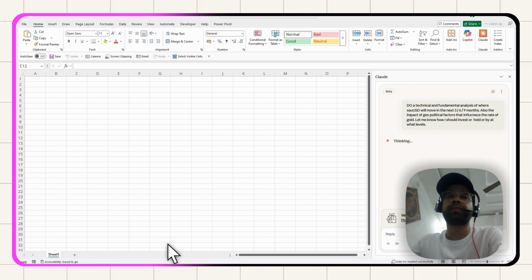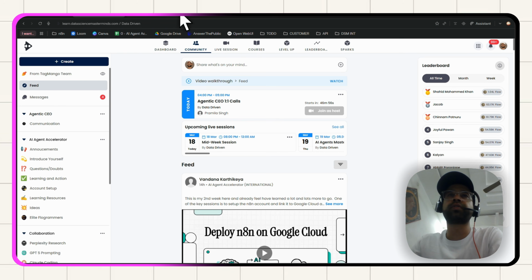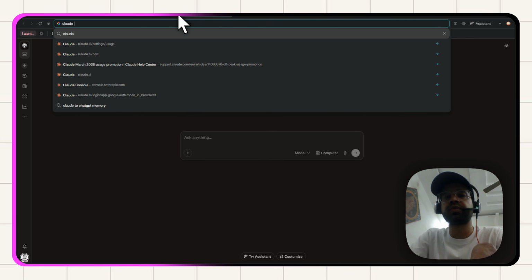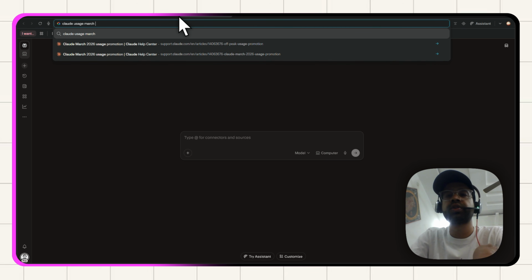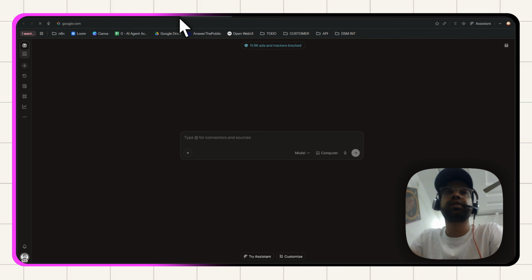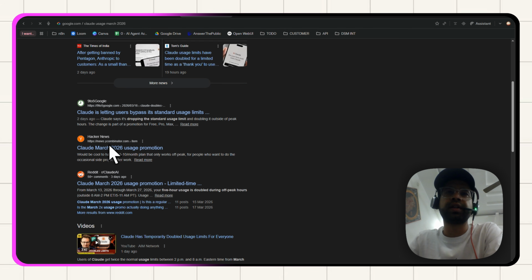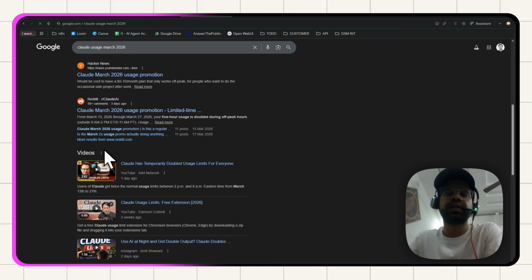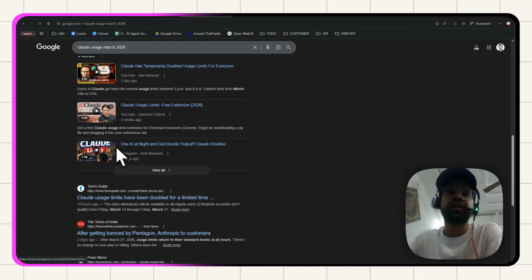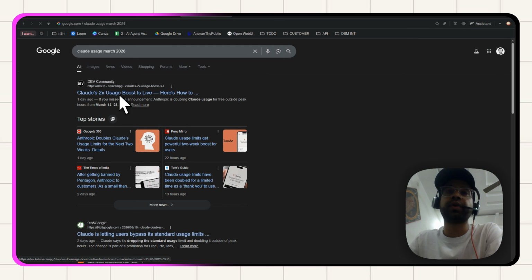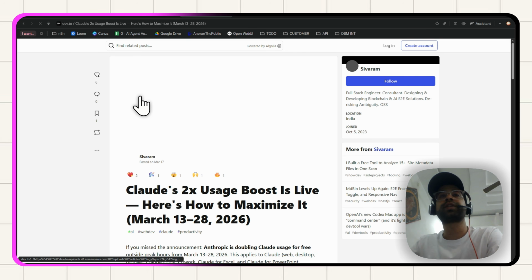And by the way, what Claude Code is doing right now, Claude Code usage, March 2026. So Claude really amped up the usages of Claude Code. So it's the right time to get in and try it out. And they are giving like 2x usage boost outside the working hours, right?